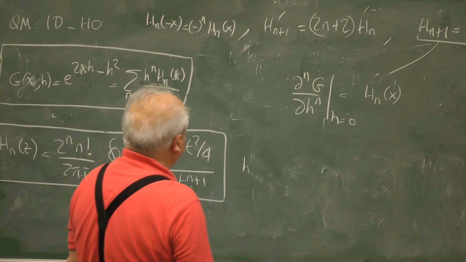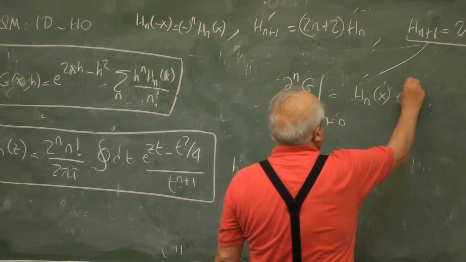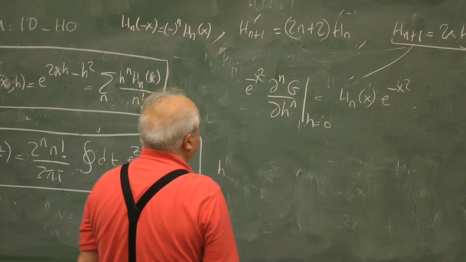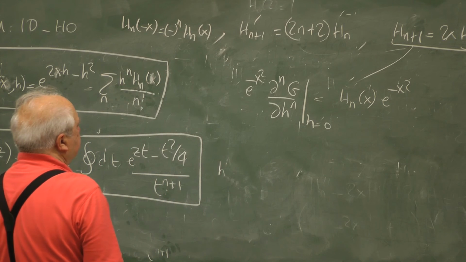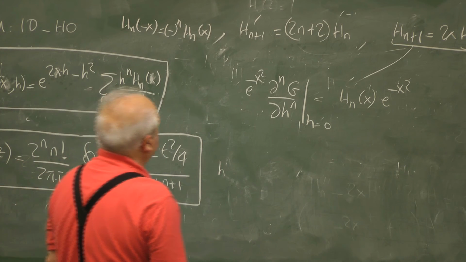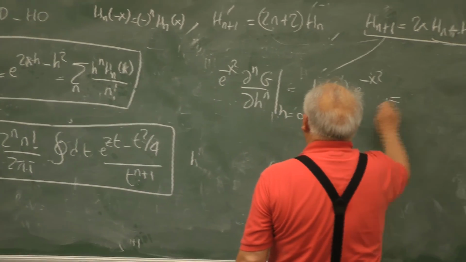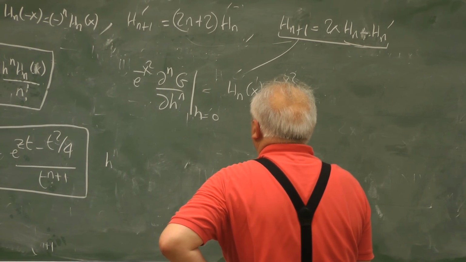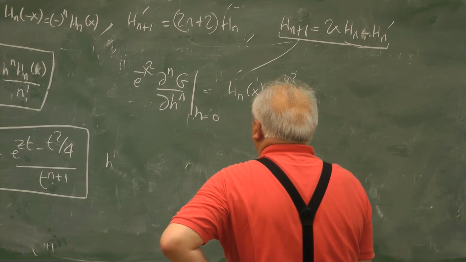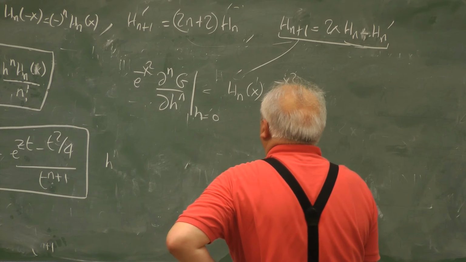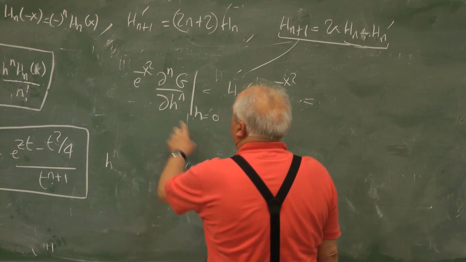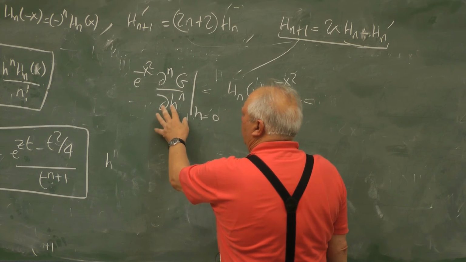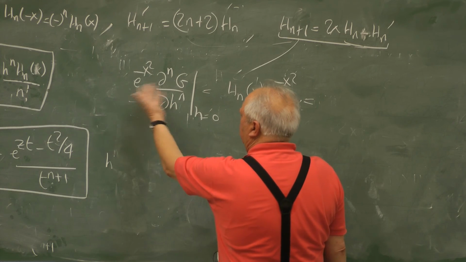Let us multiply both sides by e to the minus x squared. And since x is not under the operation of derivative with respect to h, we can bring it inside.